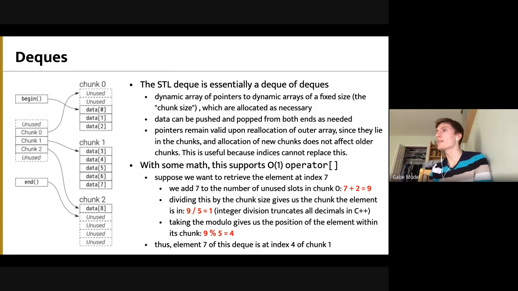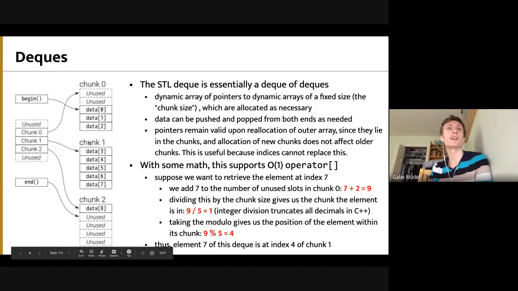Joe is asking: in std::deque, the deque as a whole isn't contiguous, but it has contiguous segments. Yeah, that's exactly right. That's great. These segments are contiguous memory, and the separation you see here implies that the chunks are not at all contiguous.